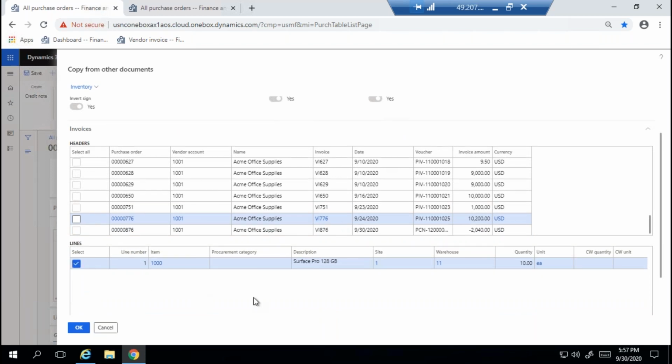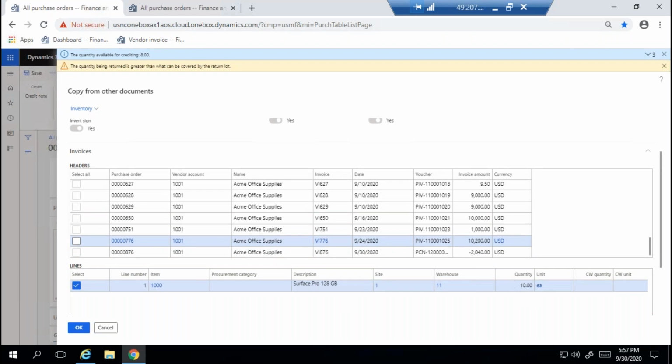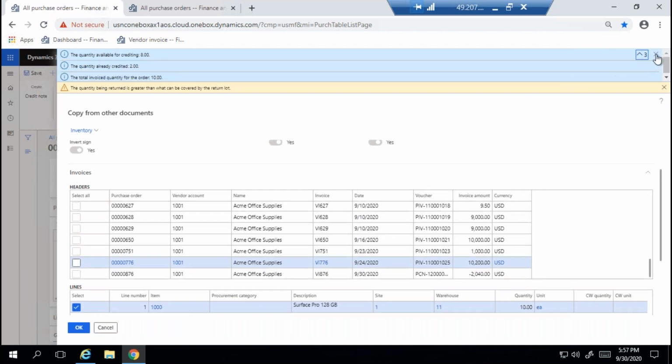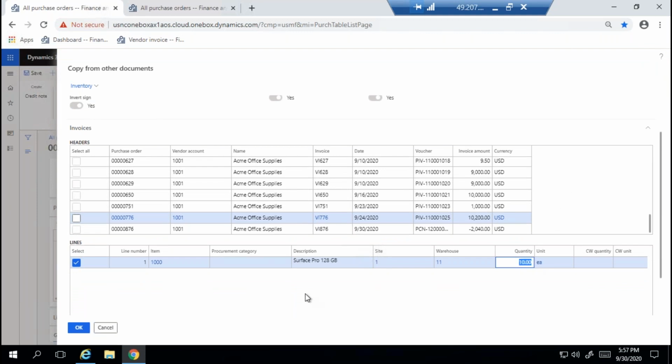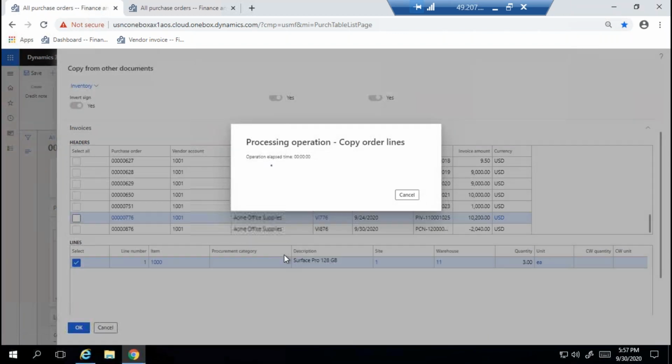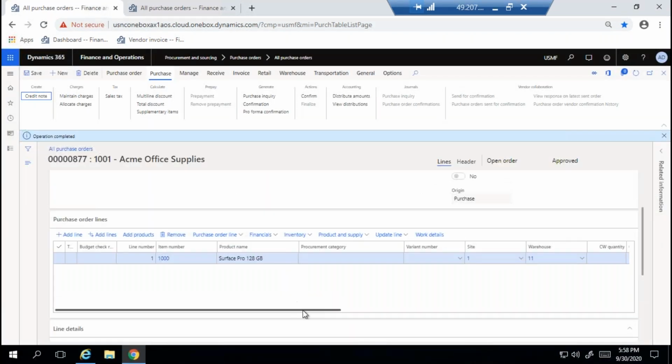Here it is already 2 done, that is the reason it is showing just a warning message. Now here you can enter quantity positive only. Whatever quantity you are giving back, you select. Click OK. It is automatically populating as a minus. Look at this one.